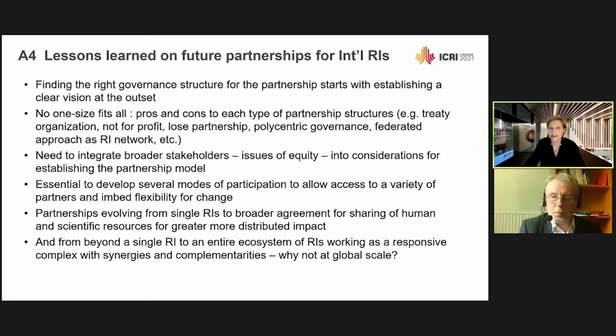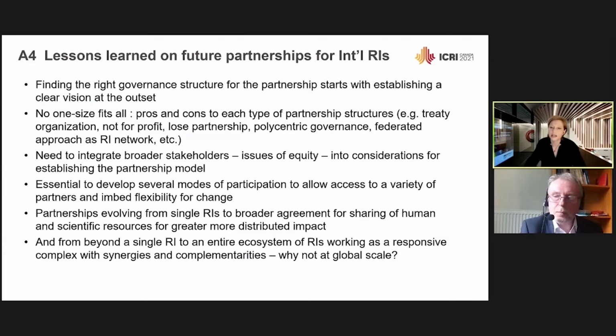But one common message was that it was essential to develop several modes of participation embedded in the structure, to allow access for a variety of partners based on their different needs and different levels of contribution, and embed that flexibility for change in status with time. That's a way to engage emerging countries.